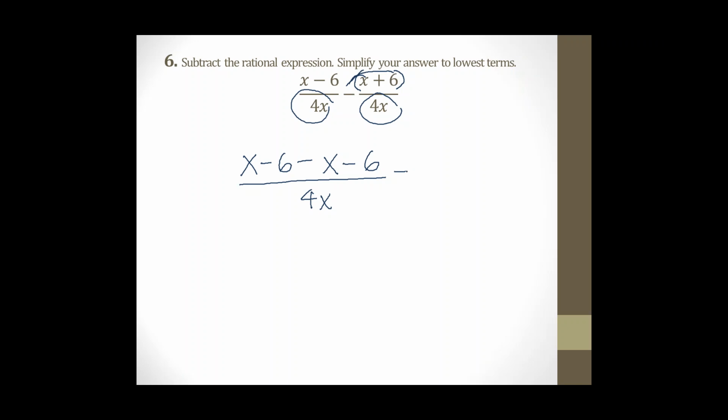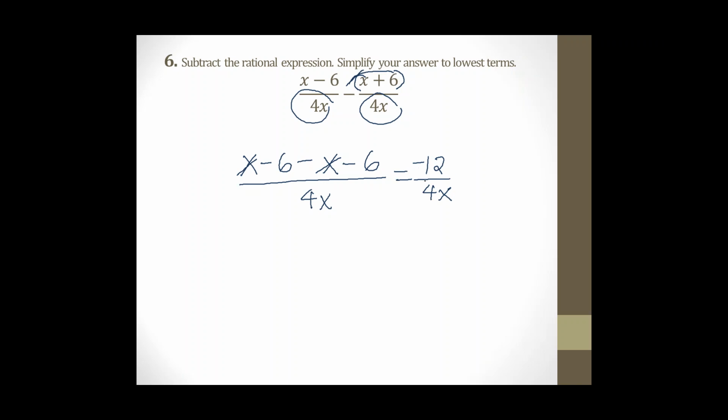And so now we're going to just combine like terms. So x minus x is no x, so the x's cancel. And then negative 6 minus 6 is negative 12 over 4x.